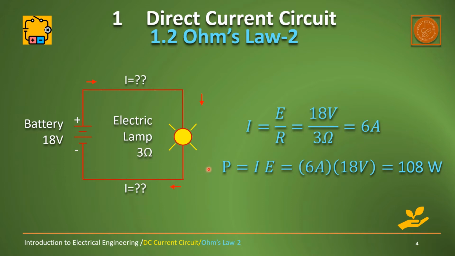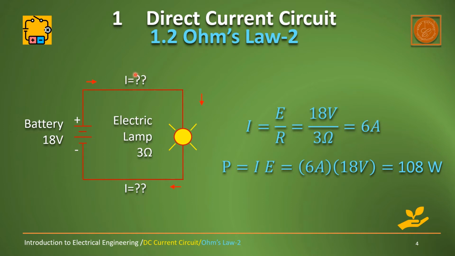Using Ohm's law to determine the current, I equals E divided by R. We know the battery voltage E is 18 volts, and the resistance of the electric lamp is 3 ohms. So 18 divided by 3, we get 6 amps for the current.